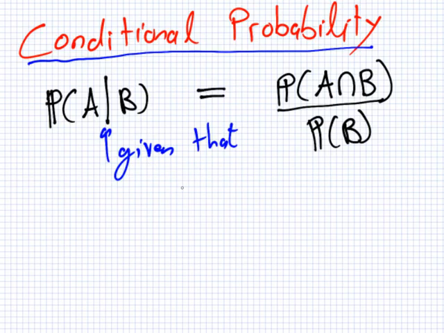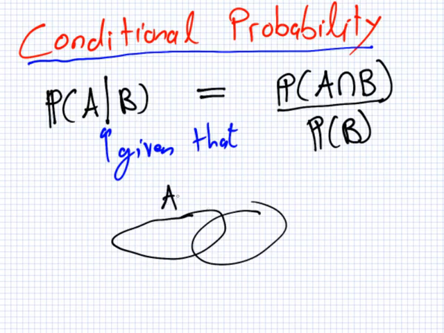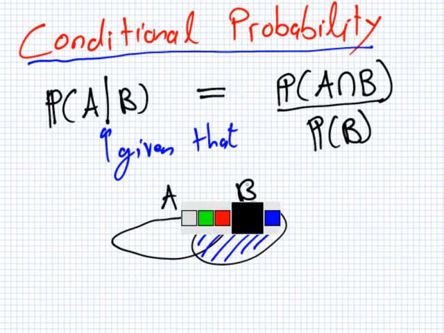And the formula makes sense if you think about it as a set. So we have A and we have B. When we say B has happened, that means we are only in this set. And when we want the probability that A will happen, that leaves only this possibility.